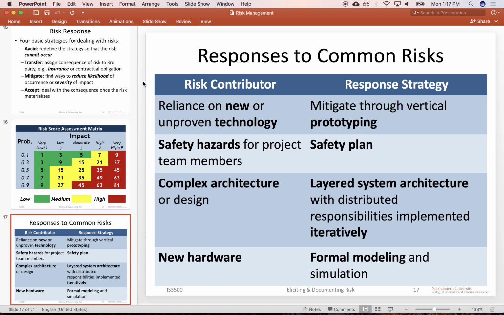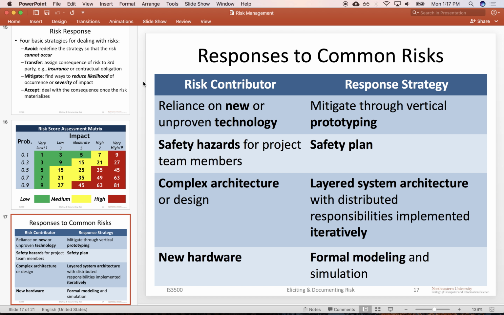So, common responses to different risk features. It might be a new technology. If we feel not confident enough with a particular technology, we might want to prototype. We want to make sure that folks understand what this is, enough to give us some confidence that yes, we can deal with it.